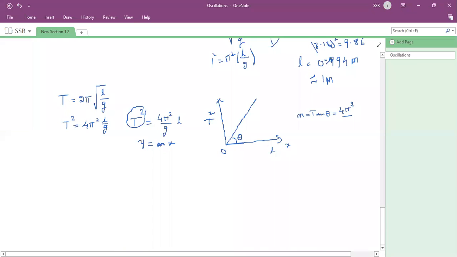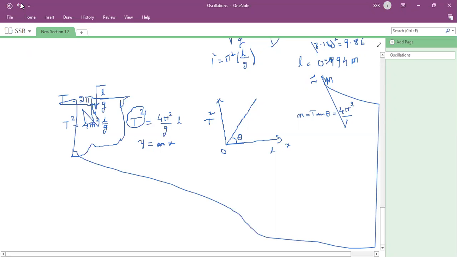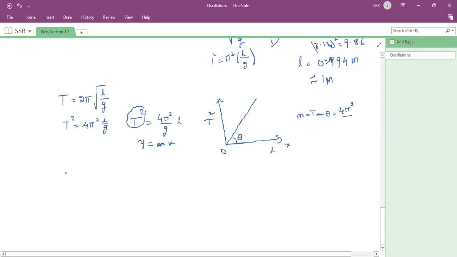T is proportional to root L. For that you can write L is equal to G by 4 pi squared into T squared, or T squared is equal to 4 pi squared into L by G. This equation also can be taken.